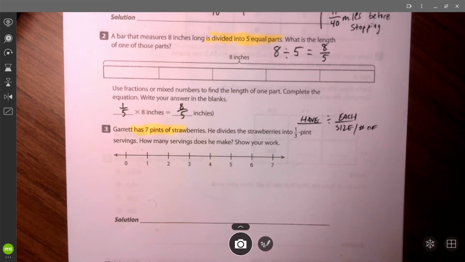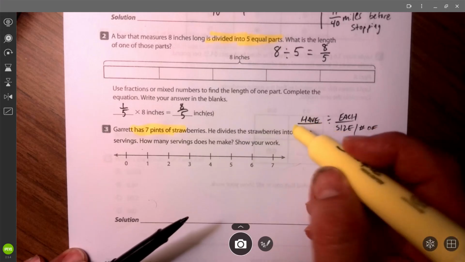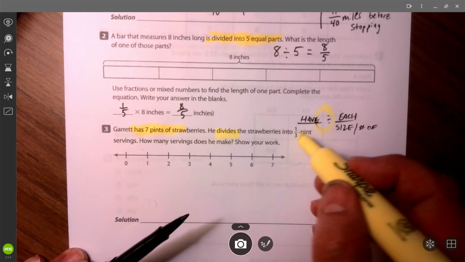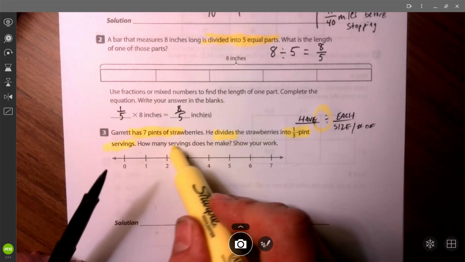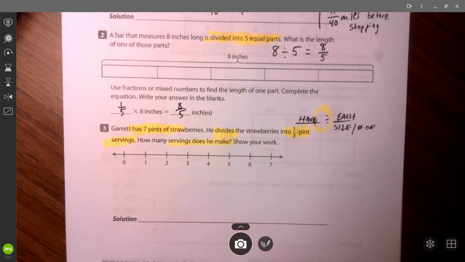In this case, it's going to be the size of the group, because it says he divides the strawberries into 1/3 pint servings, and then it asks for how many servings does he make. So it's going to be a whole number of servings.